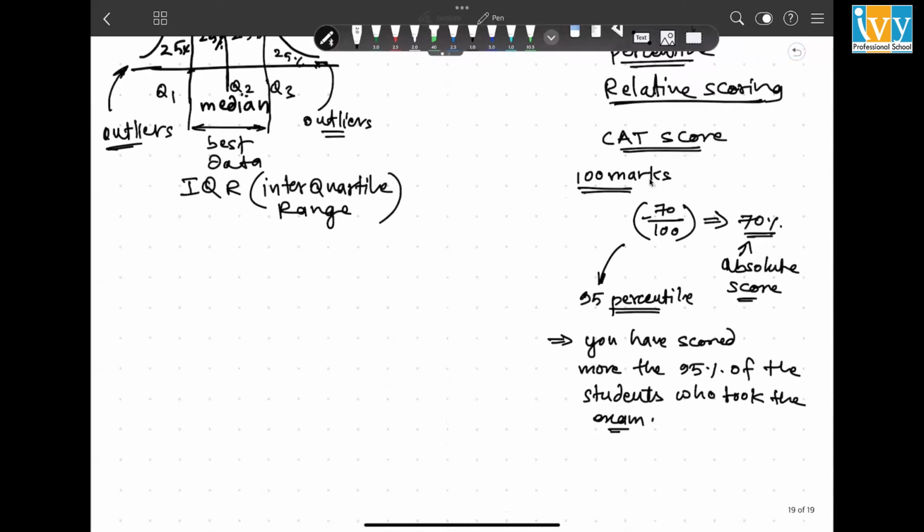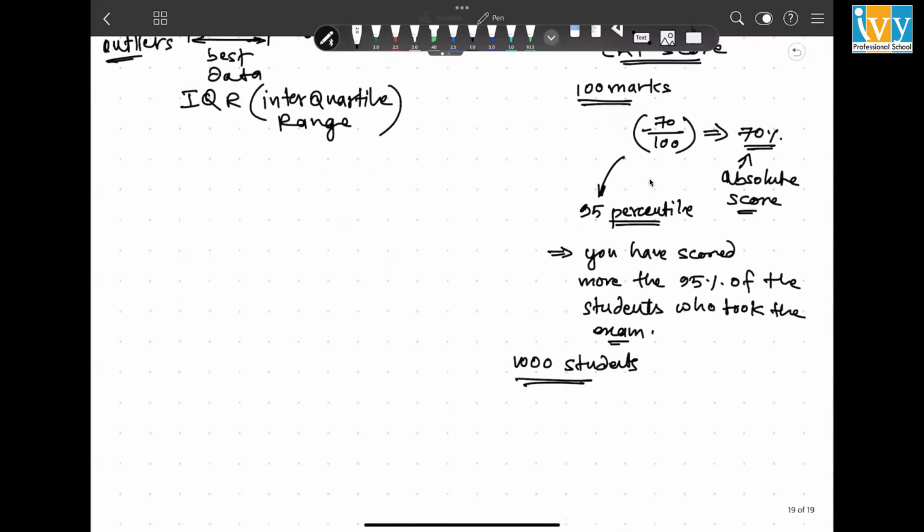So let's say if 1,000 students took the exam, then your score of 70 is better than 950 students. So 950 students scored less than 70 marks.